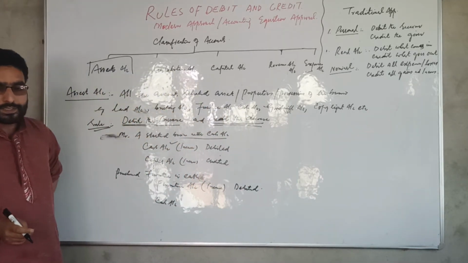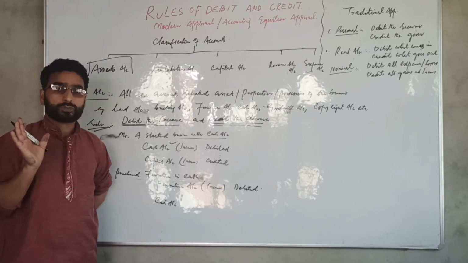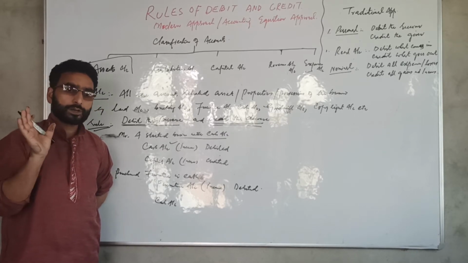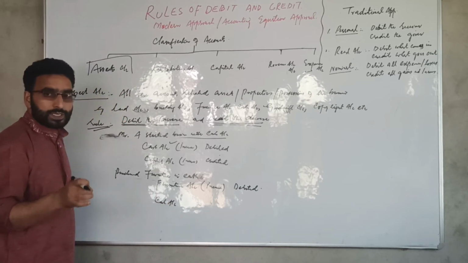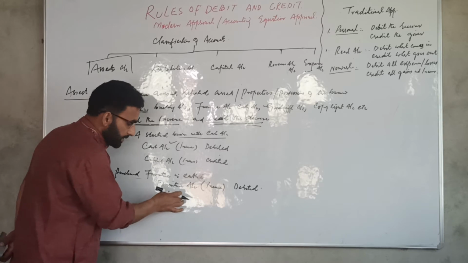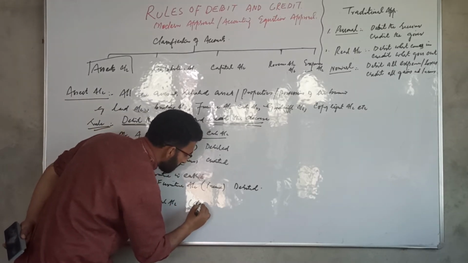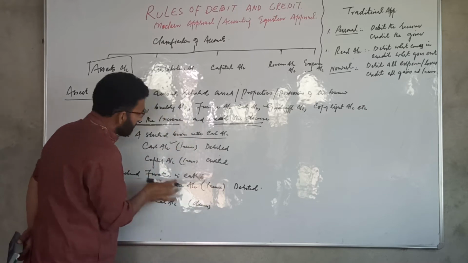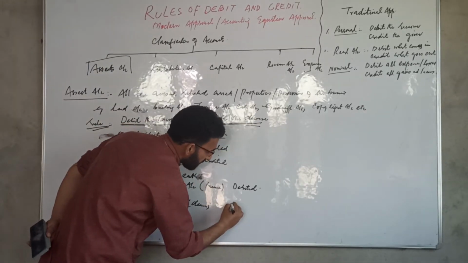Similarly, for cash account: when furniture is purchased in cash, cash goes out from the business. Cash is paid for the furniture, so cash decreases. There is a decrease in assets, so the cash account is credited.